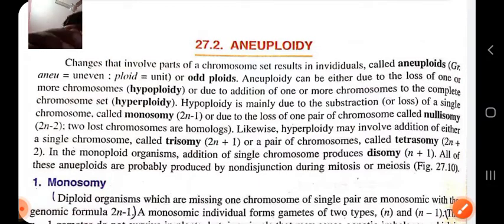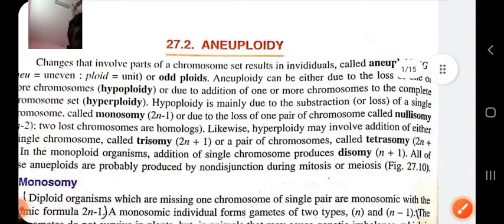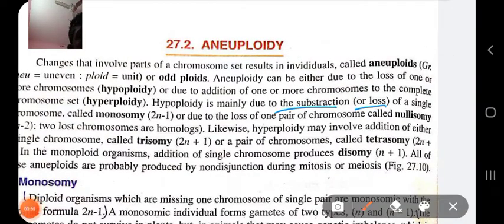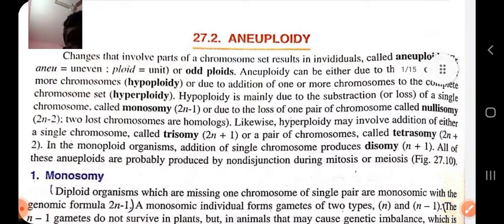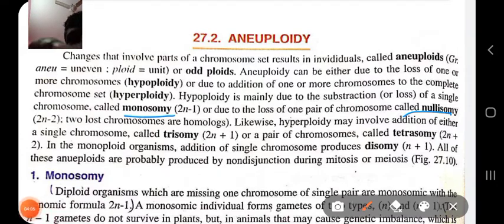But in monosomy, it simply means loss of a single chromosome. So two things can be observed, monosomy and nullisomy, where the homologous chromosomes are lost in nullisomy, but in monosomy the non-homologous chromosomes are lost.